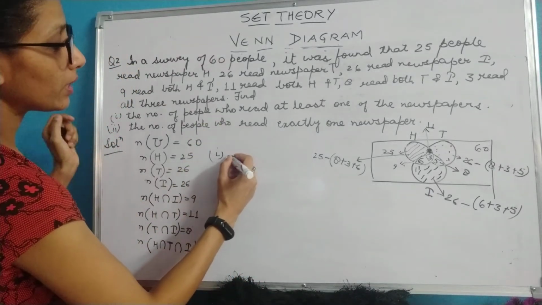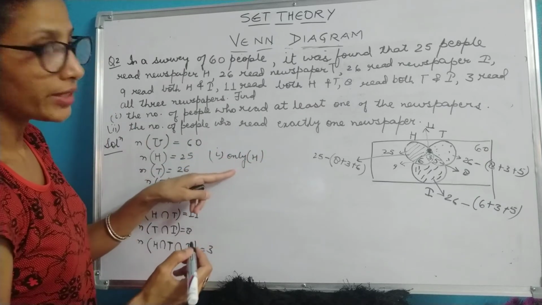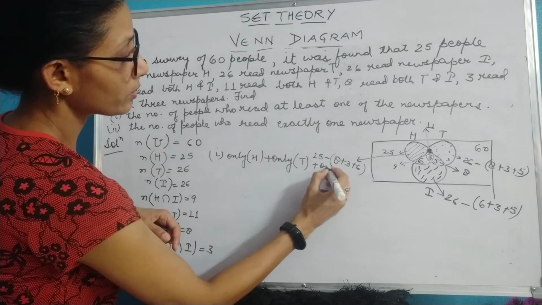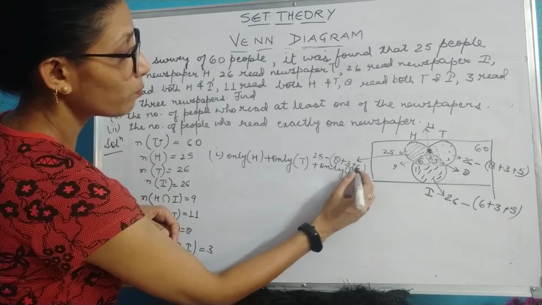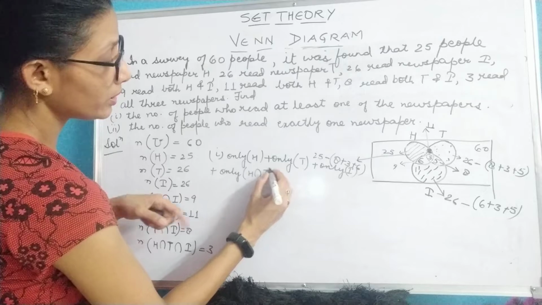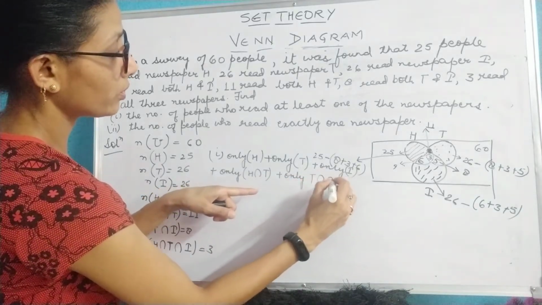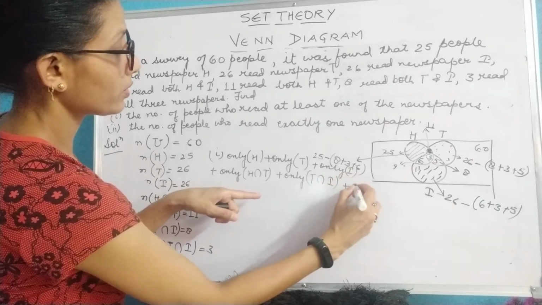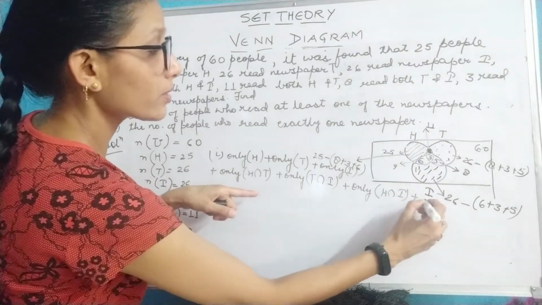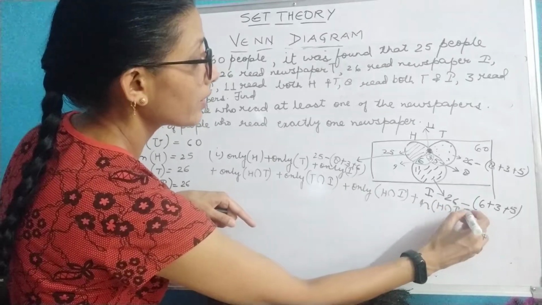So first I will write only H plus only T plus only I plus only H intersection T plus only T intersection I plus only H intersection I plus all the 3, that means the intersection of H, I and T.